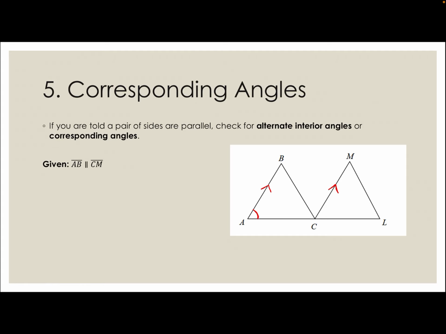So angle BAC is congruent to angle MCL, and that's because they are corresponding angles. So those are the 5 reasons that angles are congruent. So total, we have 3 reasons that sides can be marked congruent and 5 reasons that angles can be marked congruent. And there are no other reasons when we are writing proofs for triangles.